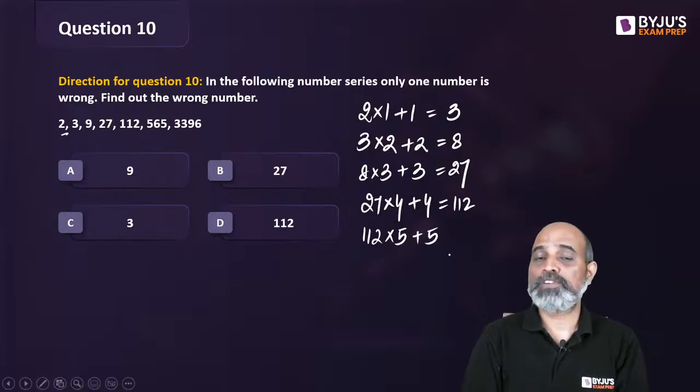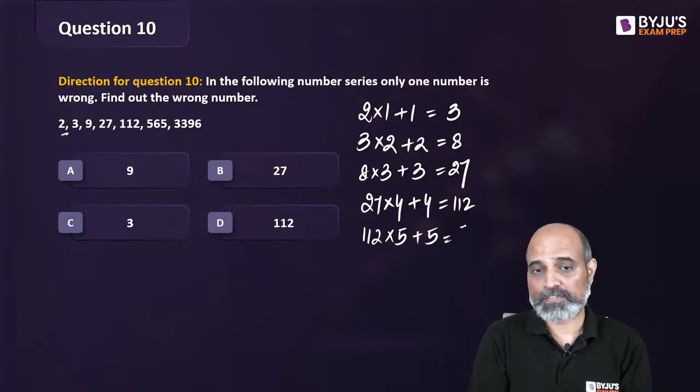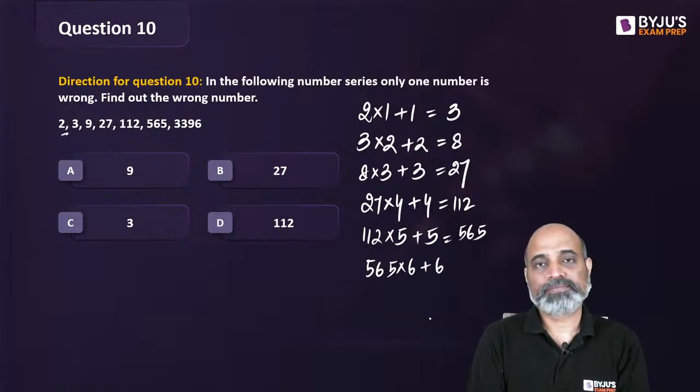Now 112 into 5 is 560, right? Plus 5 is 565. Now 565 into 6 plus 6, this is going to give you 3396.